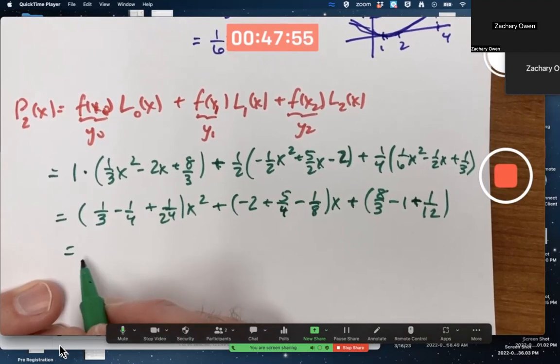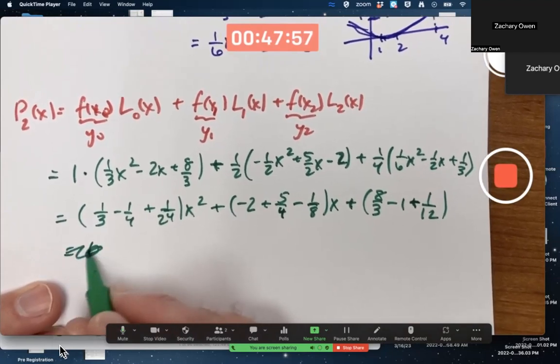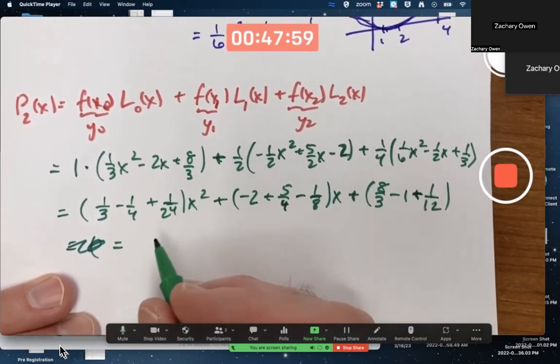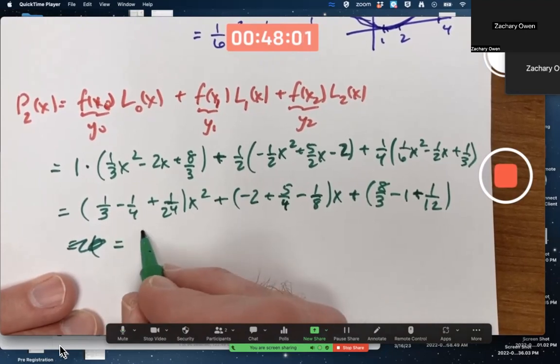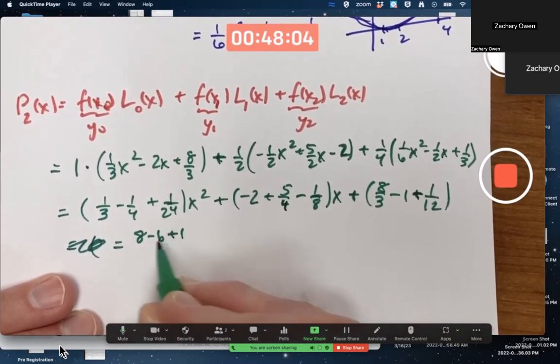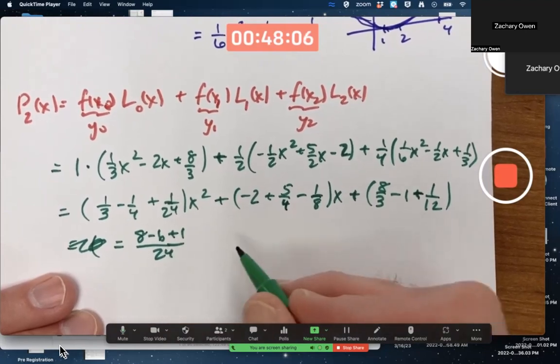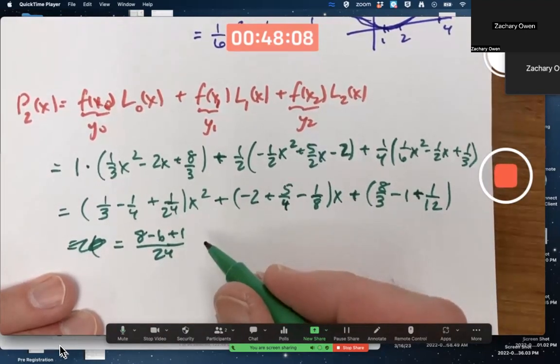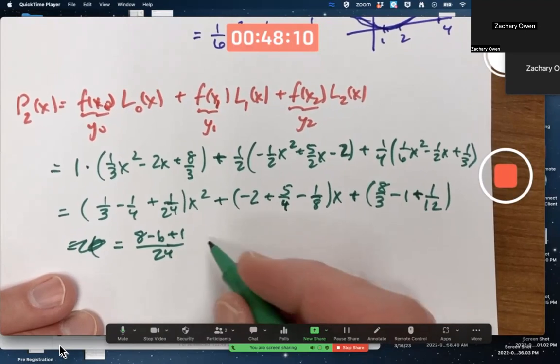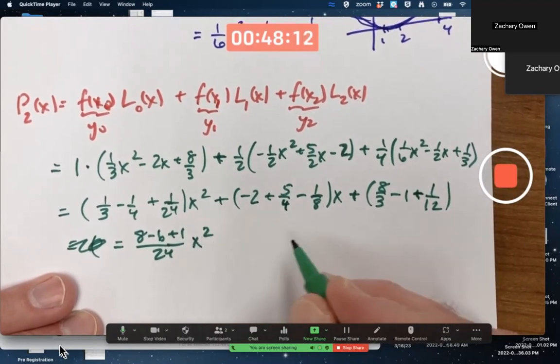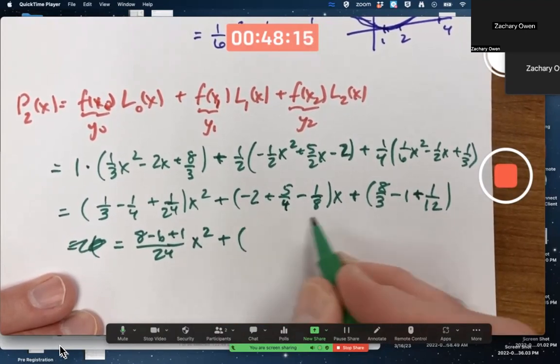Oh, this one, get a common denominator of 24. Almost done. Let's see, we'll get 8 minus 6 plus 1 over 24. Right, which will be 3/24, which will be 1/8. So that's the right answer. And then this one, get over 8.